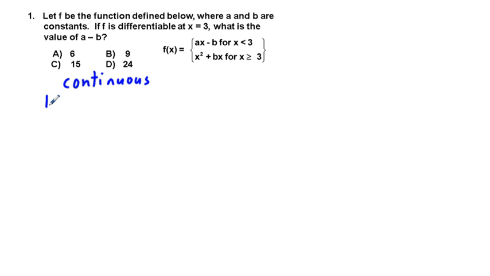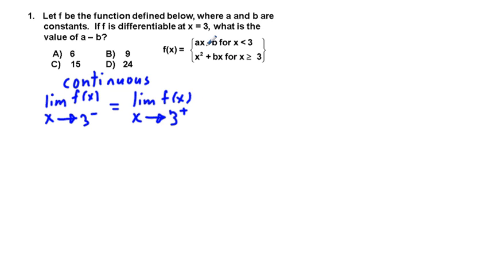And for a limit to exist, we have to have the limit as x approaches 3 from the left side of f of x equal to the limit as x approaches 3 from the right side of f of x.